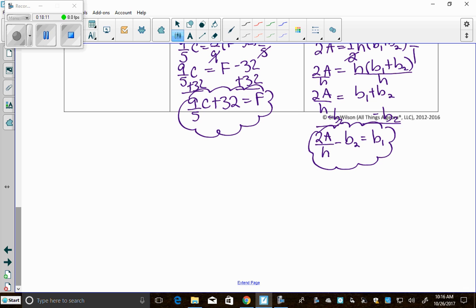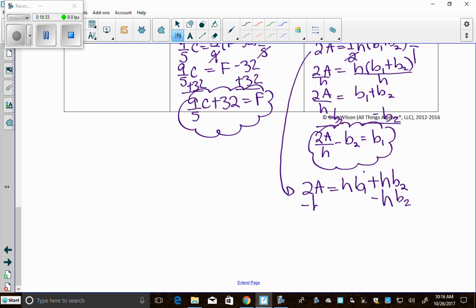If you distributed the H, then this step right here, you would have had 2A equals H times B1 plus H times B2. And you're getting the B1 by itself, so then you would subtract H times B2 from each side. It's okay if you did it this way.